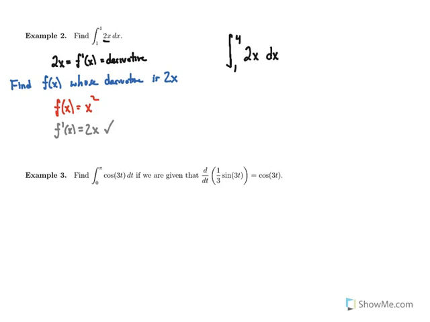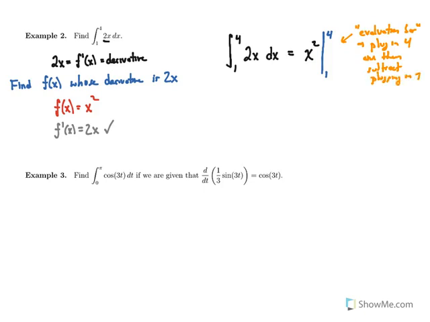So the fundamental theorem of calculus says that this integral from 1 to 4, 2x dx, is going to be equal to x squared, and we're going to use this notation, this vertical bar from 1 to 4. So what does this vertical bar mean? This is an evaluation bar. And it means to plug in 4 and then subtract plugging in 1, exactly what the fundamental theorem of calculus tells us to do.